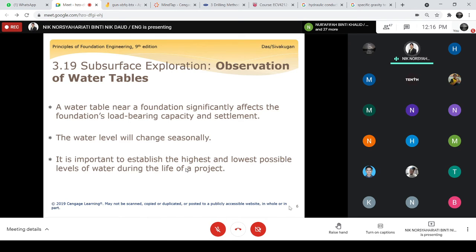Of course it is important because you need to know the ups and downs of the level of the groundwater table near or surrounding your site, because again it relates to the bearing capacity and the settlement for the foundation at the site. Moreover, the groundwater level is very critical, especially in Malaysia, where we have the wet season and dry season, which changes seasonally. So you need to know the water table level, the ups and downs, right?